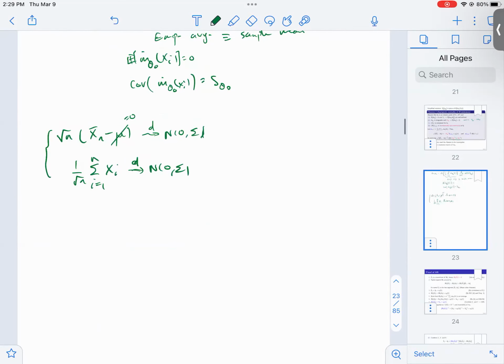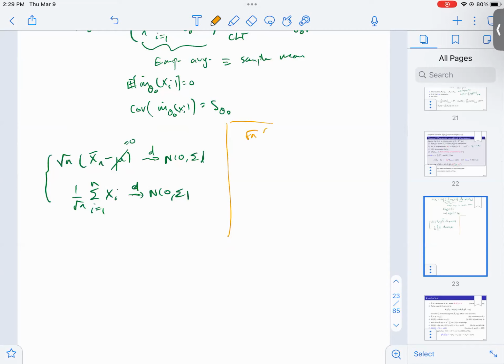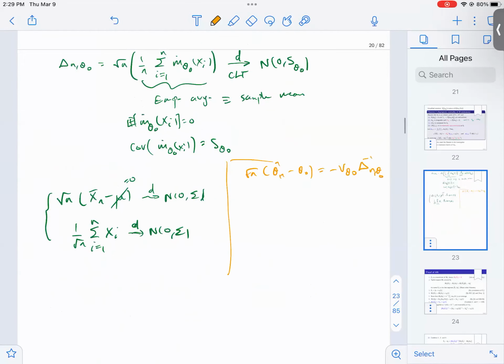Yeah, that's exactly it. So for example, let's say I have root n times theta hat n minus theta naught equals negative V theta naught inverse times delta n theta naught plus o_P of 1.